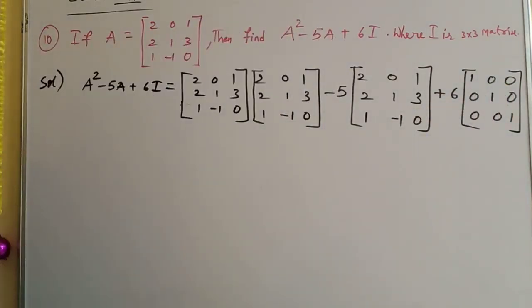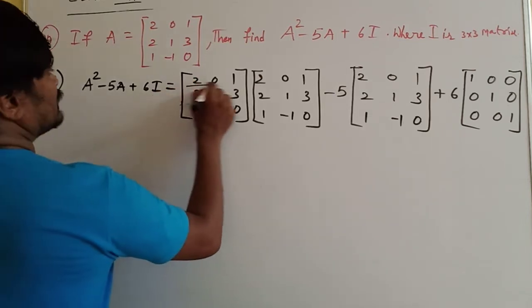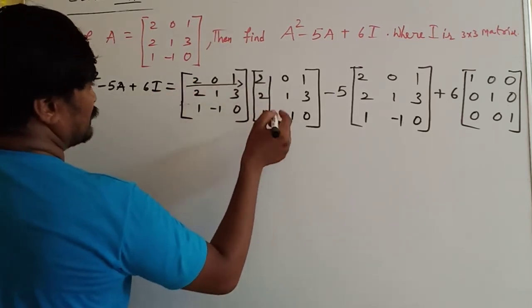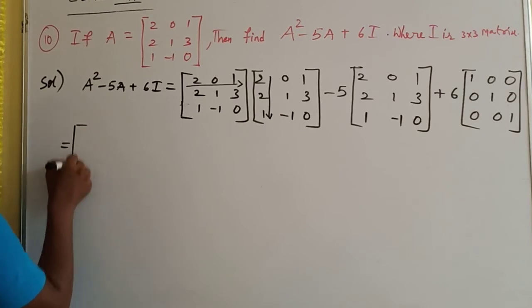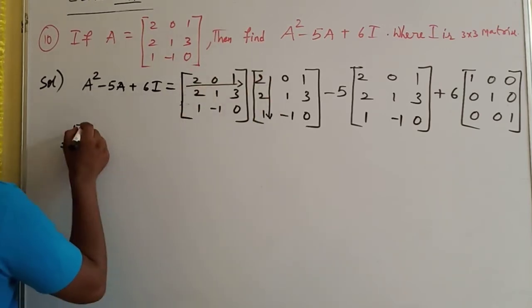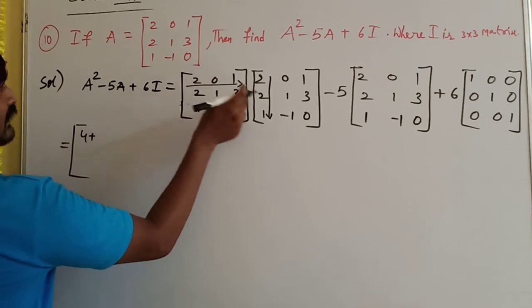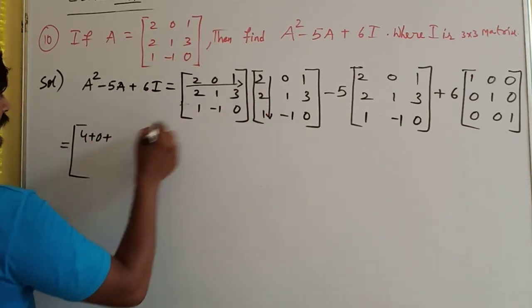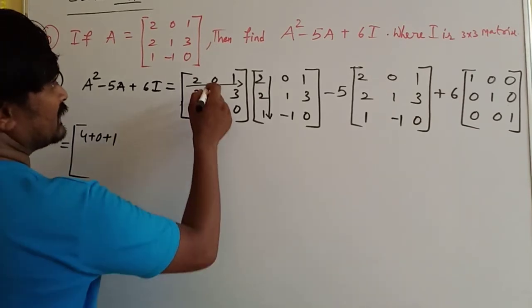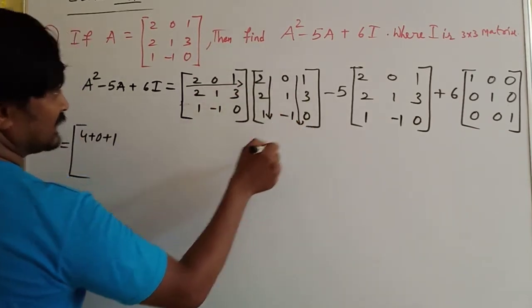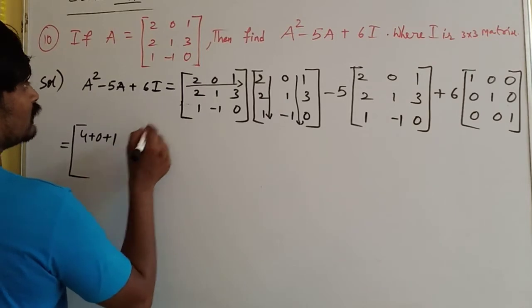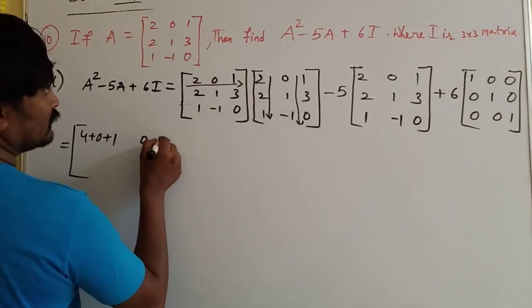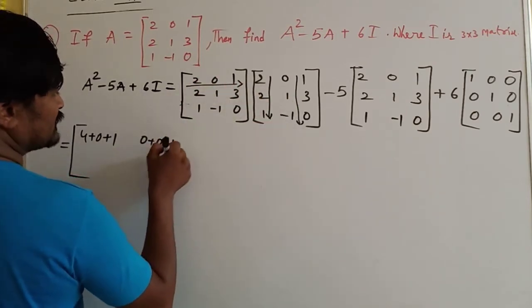Okay, so after this what we need to do? After this, just the first row multiply with first column for the first element. So I'll multiply here 2 into 2 is 4 plus 0 into 2 is 0 plus 1 into 1 is 1. Same method now, first row second column for the second element: 2 into 0 is 0, 0 into 1 is 0, 1 into minus 1 is minus 1.